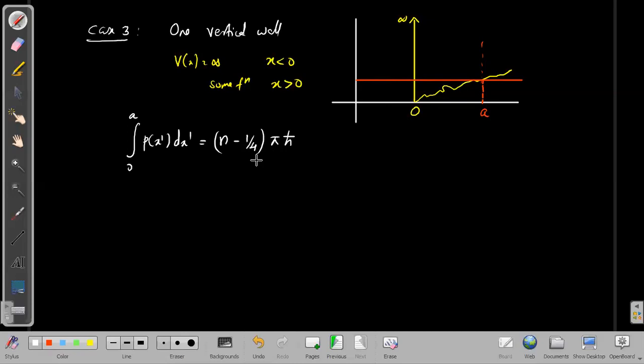So these are the most popular three cases that we will face while solving the problem of WKB approximation. So I will give one assignment based on this case 3 for you. For example, the potential with the half of harmonic oscillator. Okay, so if the harmonic oscillator is split into two.